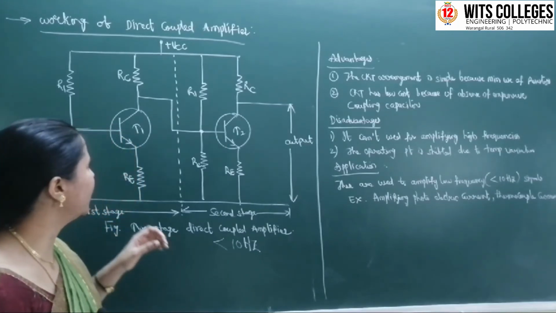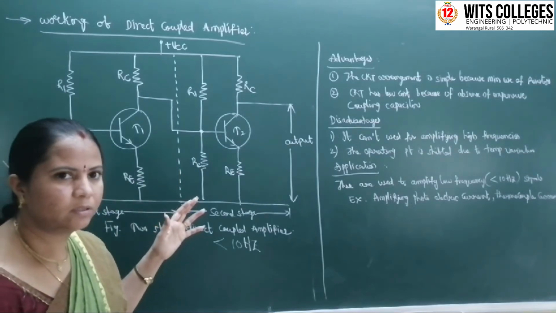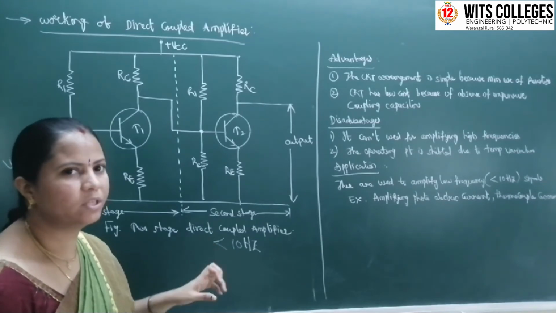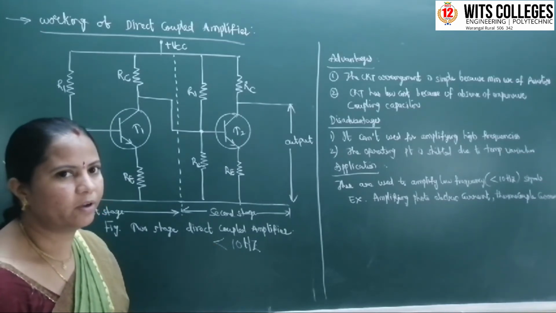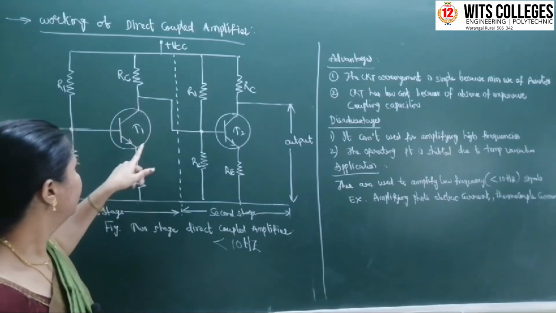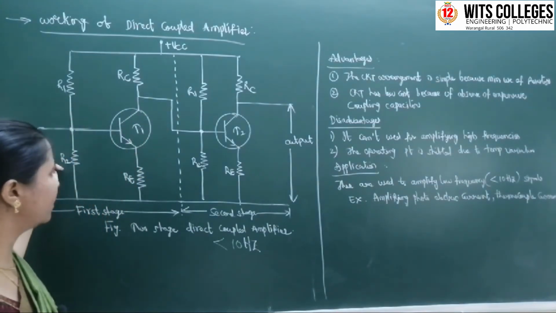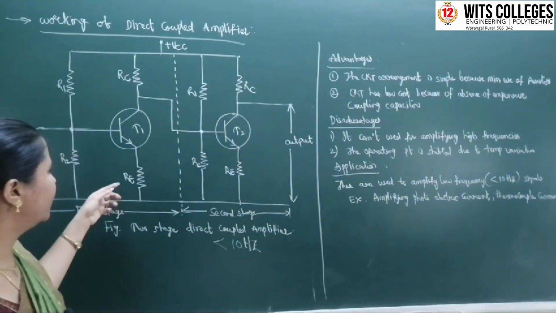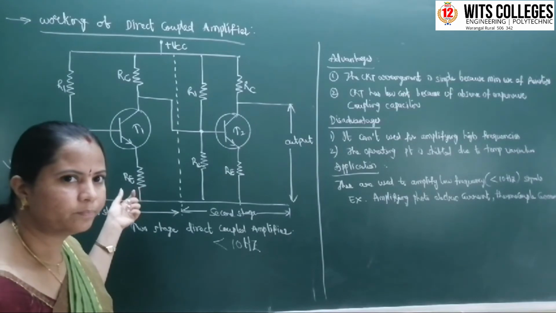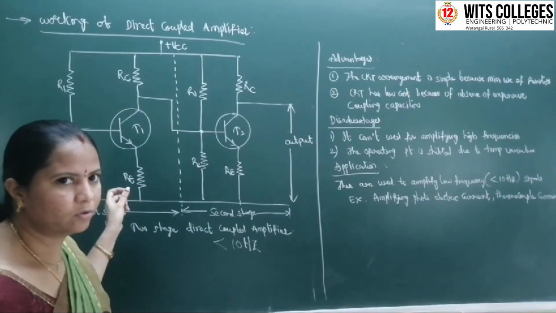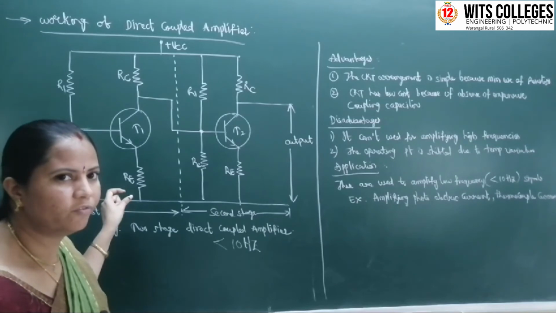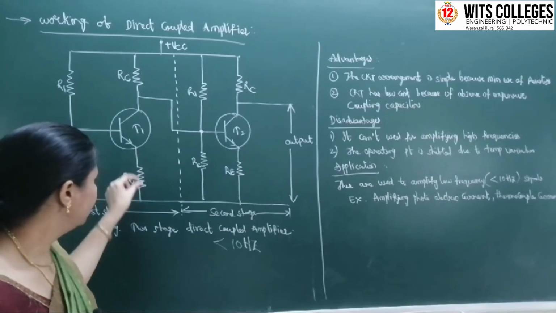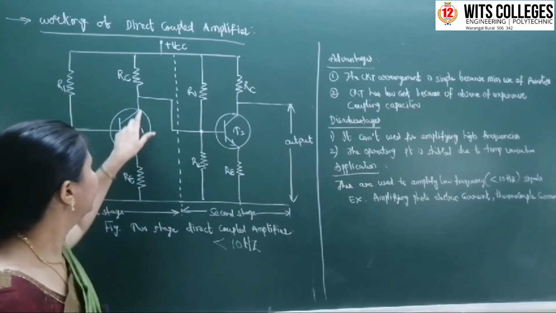Here we are not using any coupling capacitors, and transformers are not used. That's why we named it a direct coupled amplifier. This is the transistor. The resistors R1, R2 provide the biasing, voltage divider biasing, and resistor Re is used to prevent loss of amplifying device, so that it prevents DC reactance to the ground.